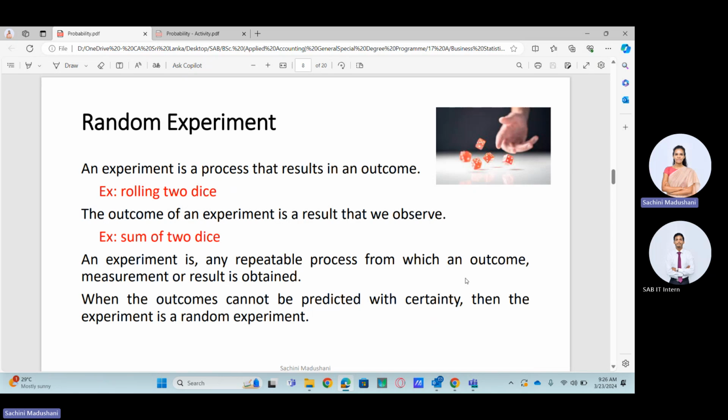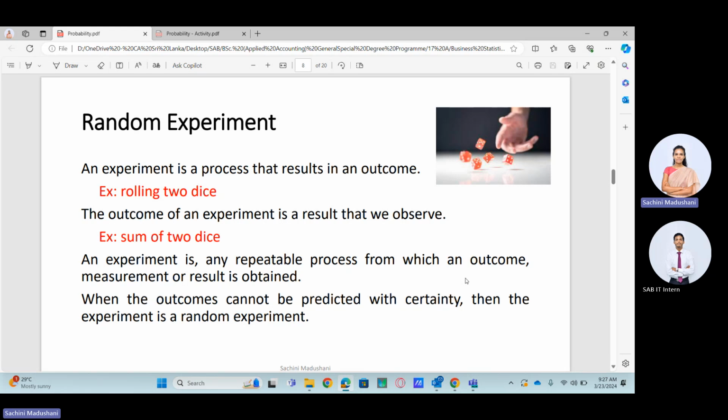But we cannot predict which outcome we will get. Can we? No, we cannot. That kind of experiment we call a random experiment. We already know what the outcomes are, but we cannot predict them.